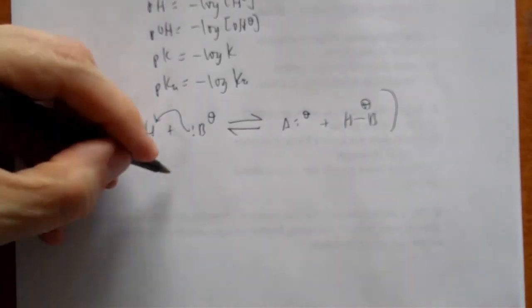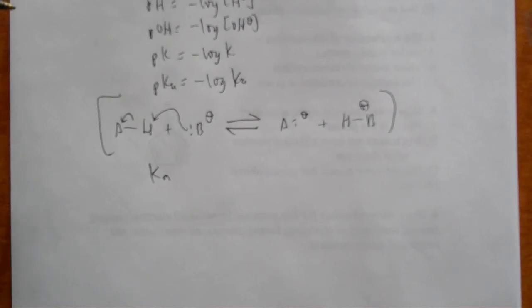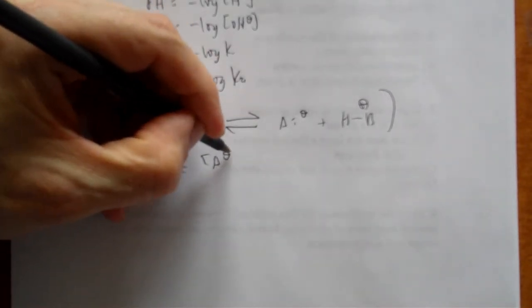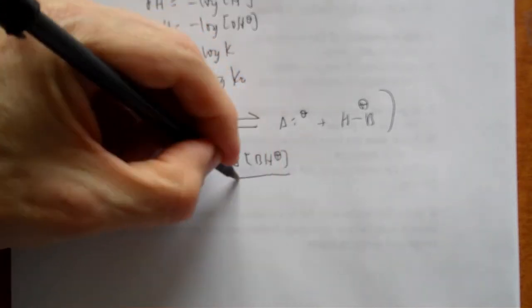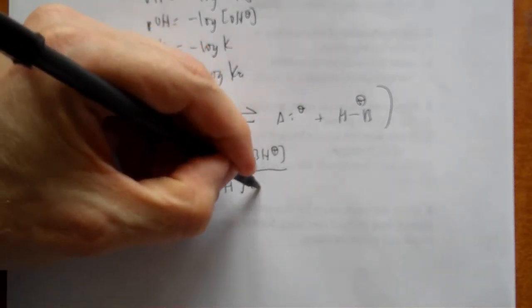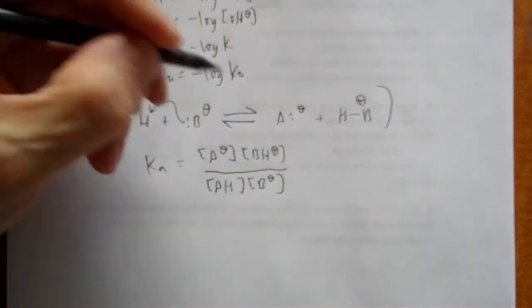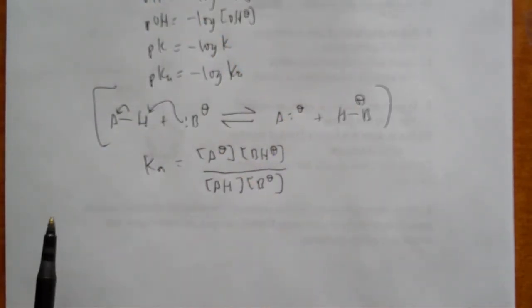If we're looking at that reaction, then the K of this reaction, and we're going to call it Ka because we're talking about an acid-base reaction, is equal to the concentrations of A minus times BH plus over AH times B minus. Okay? Just by definition, we're going to take the products over the reactants.